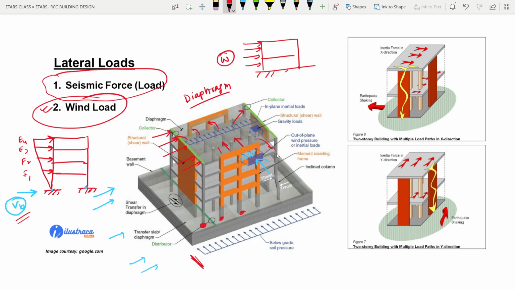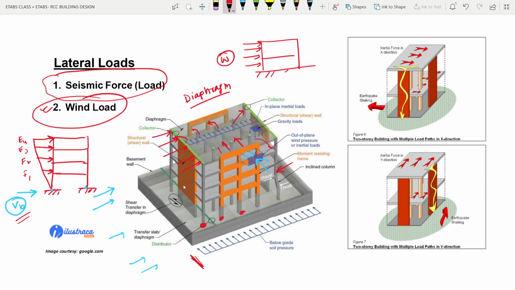We know that vertical members in an RCC structure are called columns and horizontal members are called beams, right? I must have said that in the very first slide itself. So this should be transferred to the vertical members, because these are the members which act to restrict the movement due to these forces.